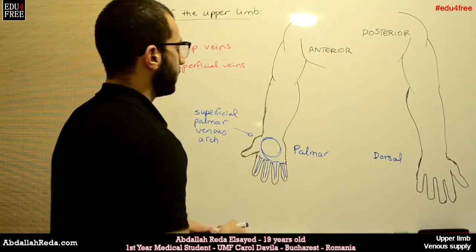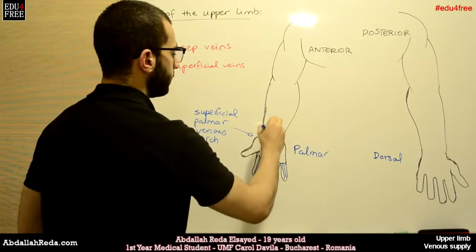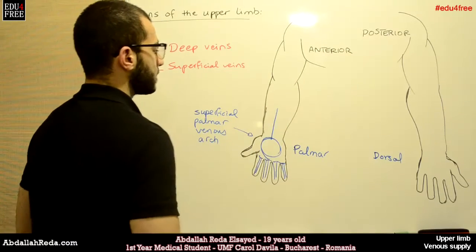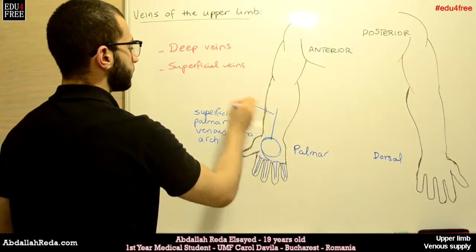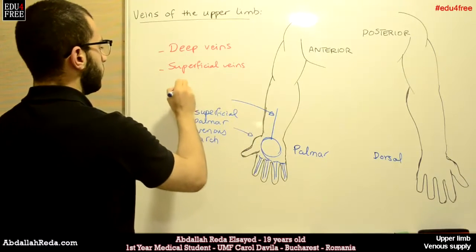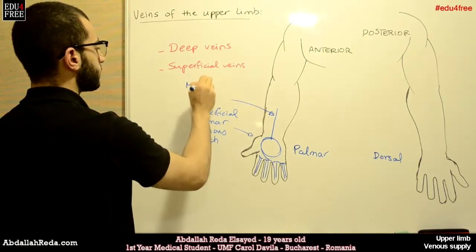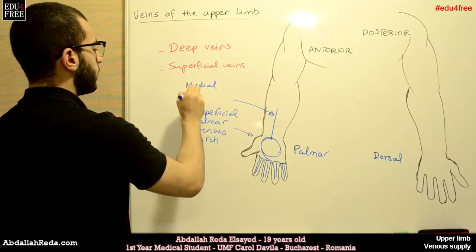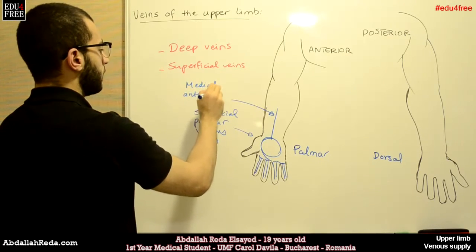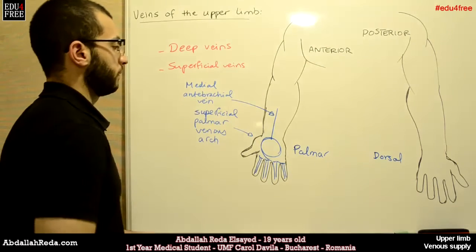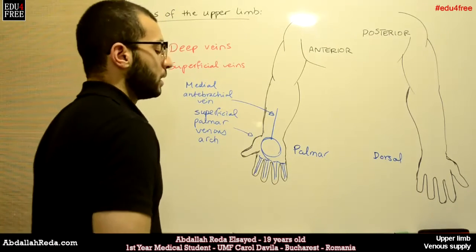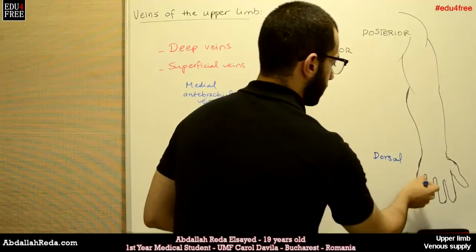This arch will give rise to a vein that ascends like this, and this vein is called the medial antebrachial vein. The medial antebrachial vein. Now we go to the dorsal side, we'll see something similar.